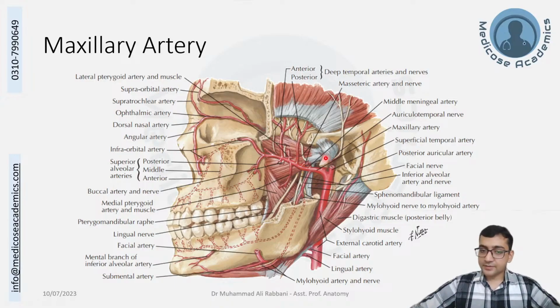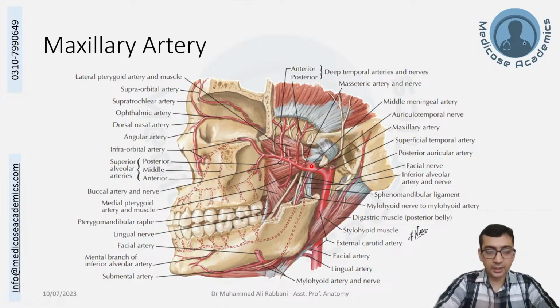The maxillary artery is divided into 3 parts. Part 1 is from the origin to before the lateral pterygoid muscle. Part 2 is going across the lateral pterygoid muscle. The artery may be running lateral to this and medial to this, and different atlases have drawn it differently.